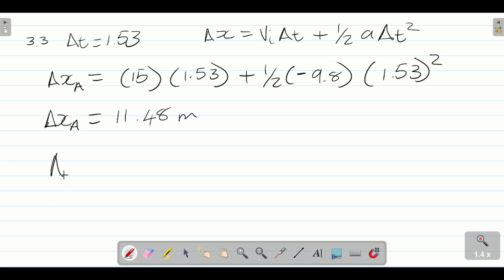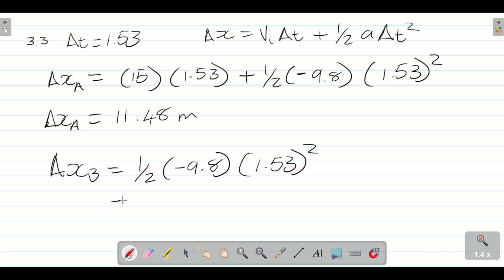So let's calculate delta x of B. In B's case, we have a ball that's dropped, which means our initial velocity is 0, so we can negate this part because 0 times anything will be 0. Therefore, we'll be dealing with the second part of the formula, which is half, negative 9.8 for a, and 1.53 for t squared.